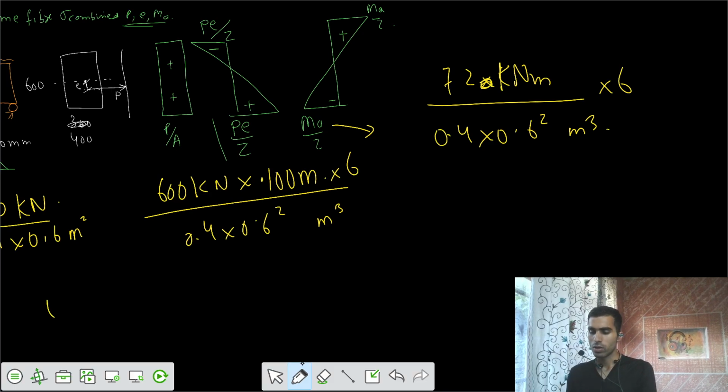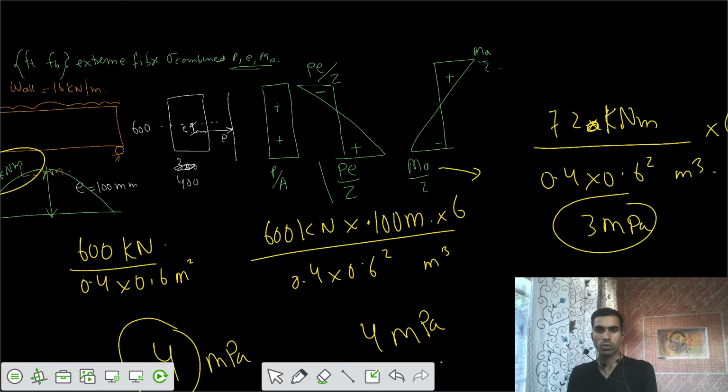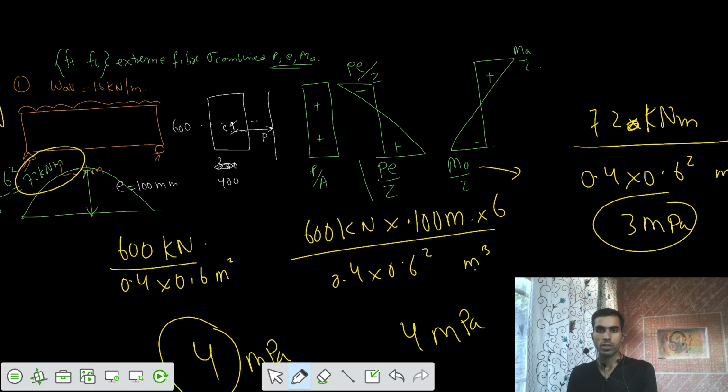This one comes out to be 4 megapascal, and this value is 3 megapascal. And if I want to calculate the equation for stresses at the top, stress at the top is equal to P by A minus PE by Z plus M by Z.